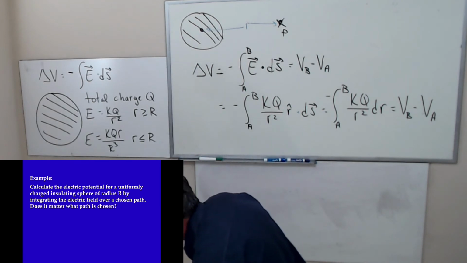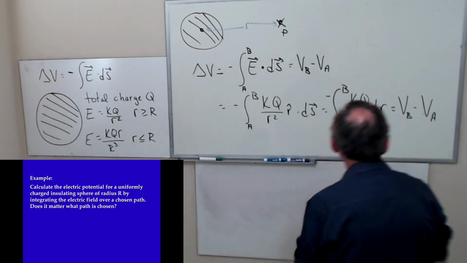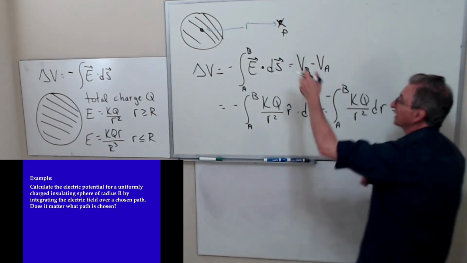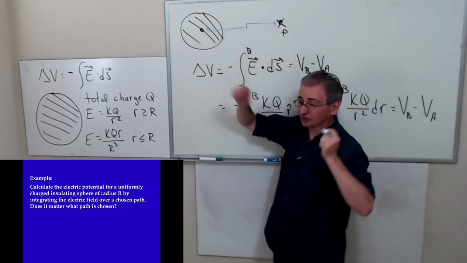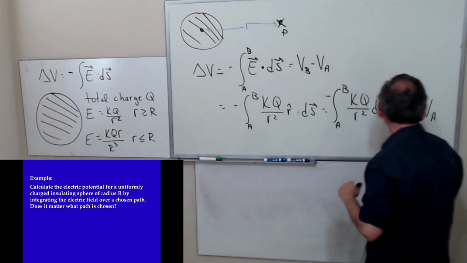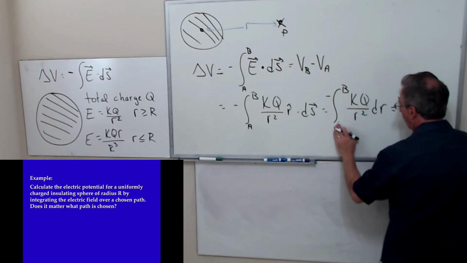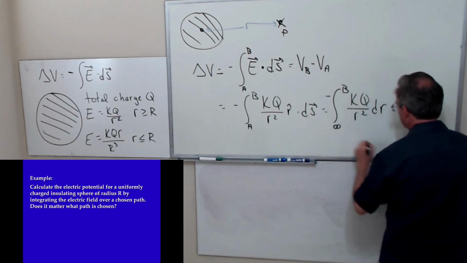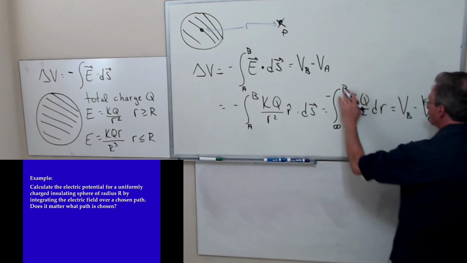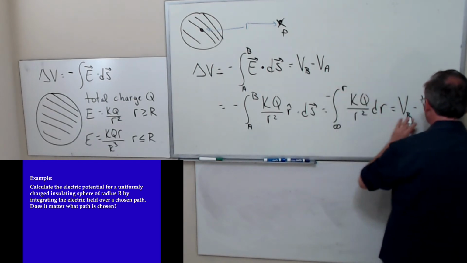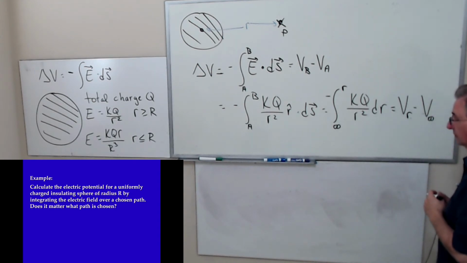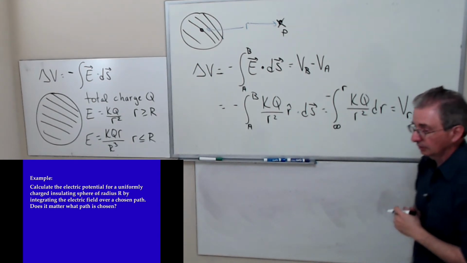This is not infinitely big, so I can still define the electric potential to be 0 at infinity. So I'm going to choose A to be at infinity, and then choose point B to be R.